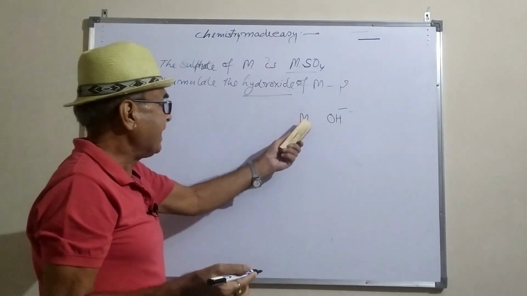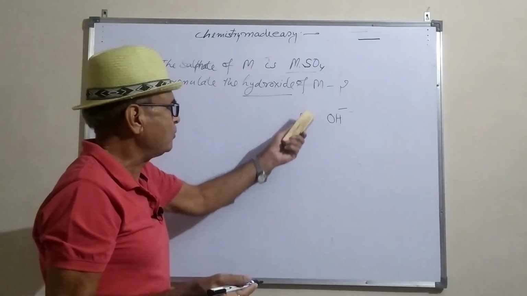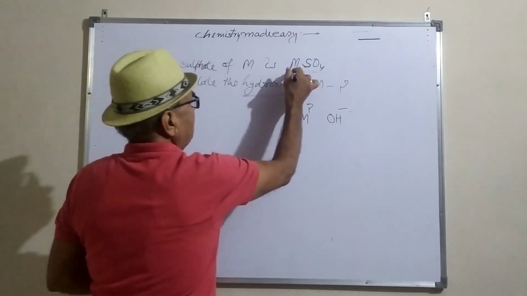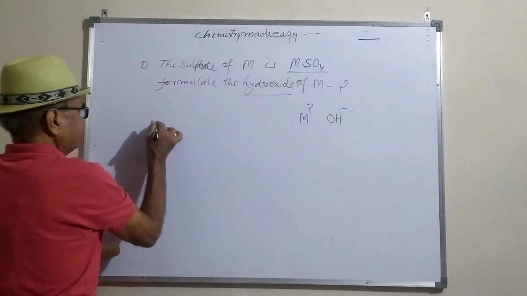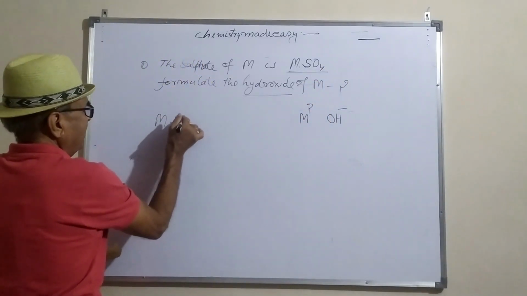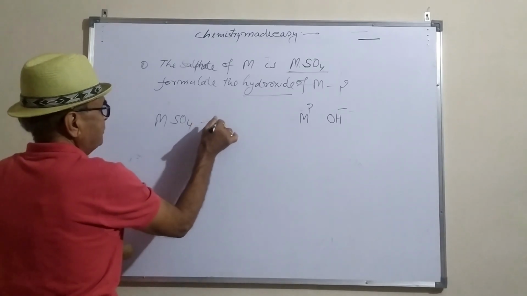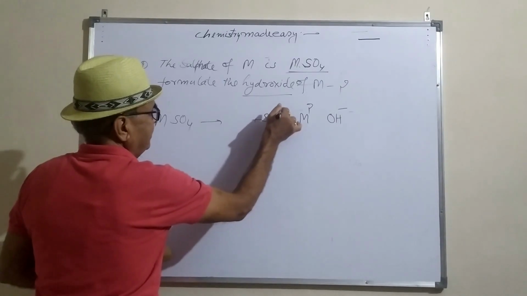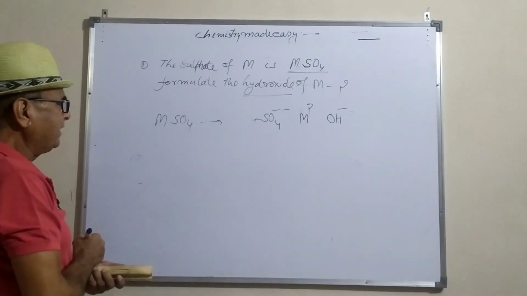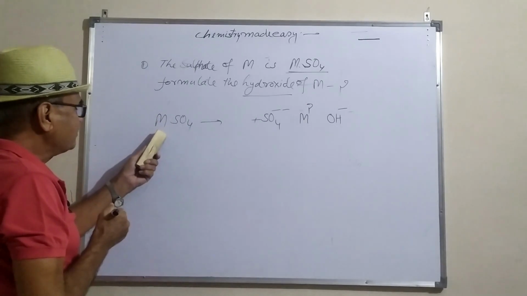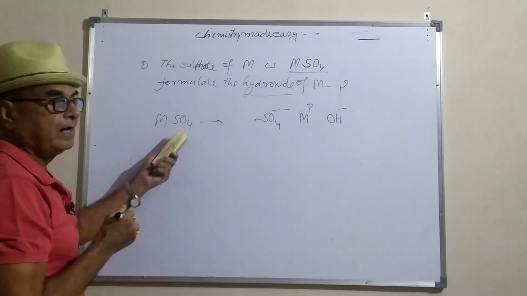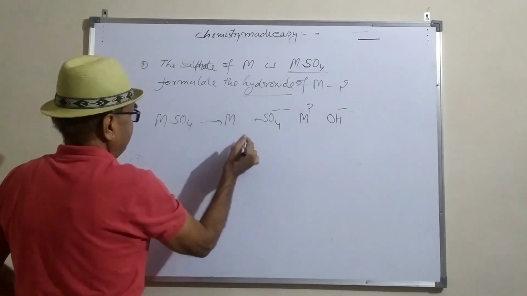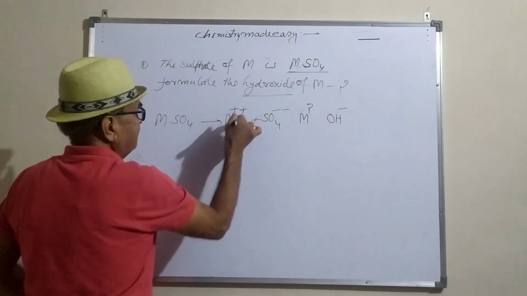To know the charge of the M ion, you go to this formula and dissociate it: M and SO4. SO4 you know, SO4 double negative. So the charge of both the cation and the anion are equal. So what will be the charge of M? The charge of M will be double positive.